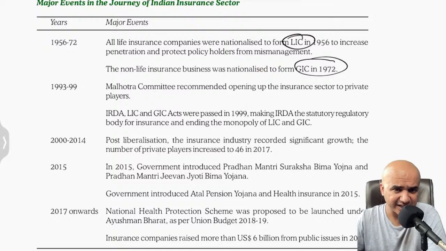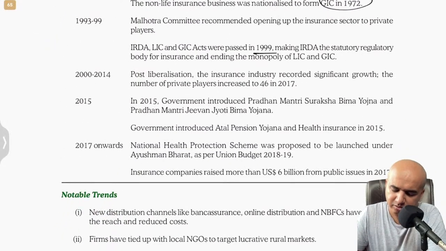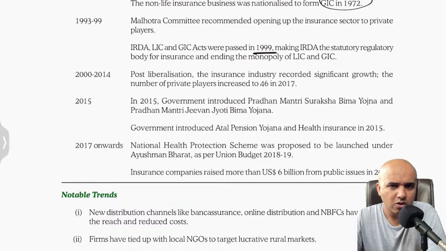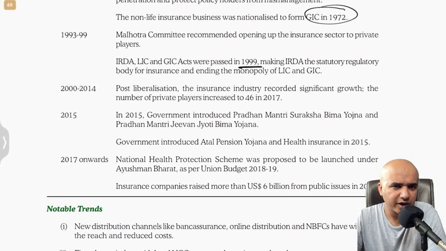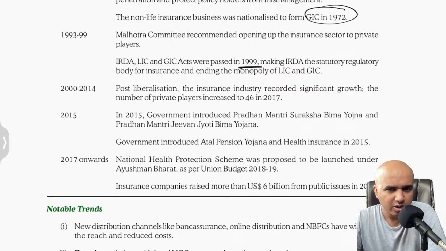As I said, in the late 90s, the Insurance Regulatory Development Act was passed in 1999, which in fact opened up insurance for private players, ending the monopoly of General Insurance Company and LIC. Until then, only those two were there.